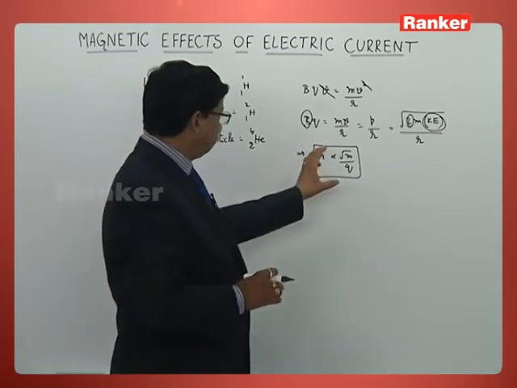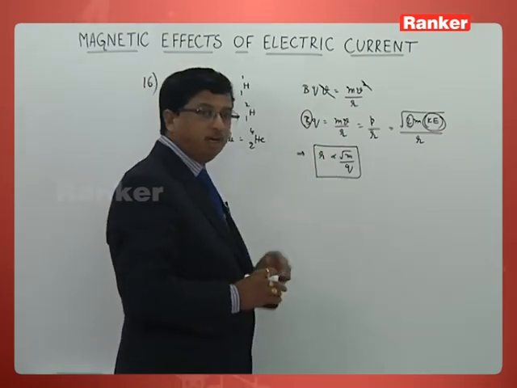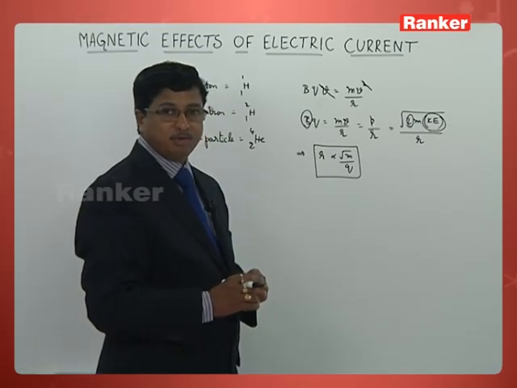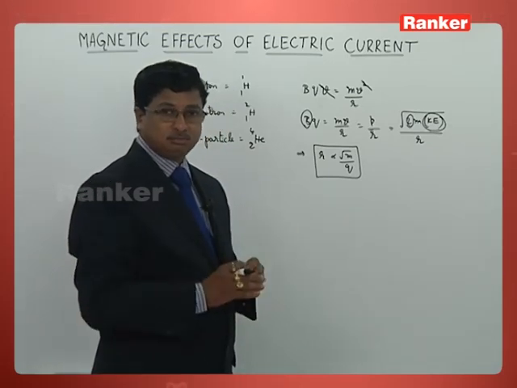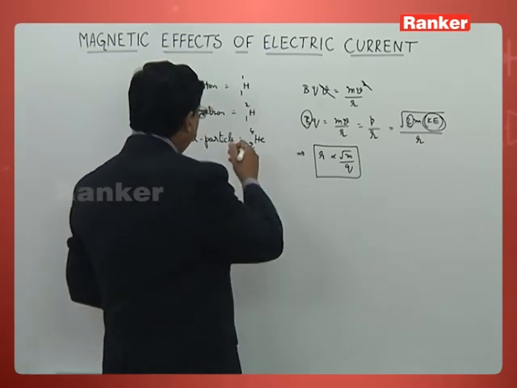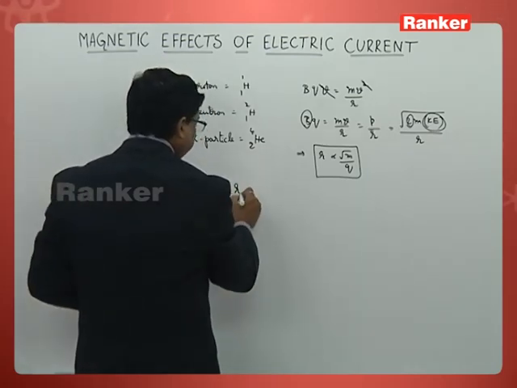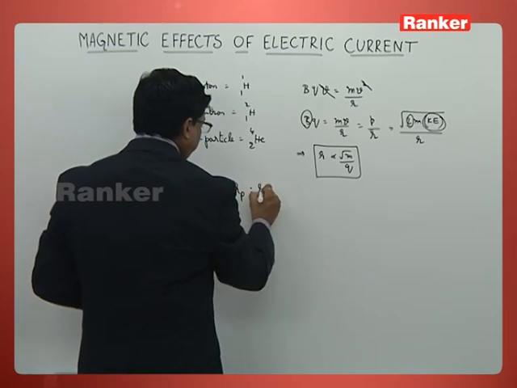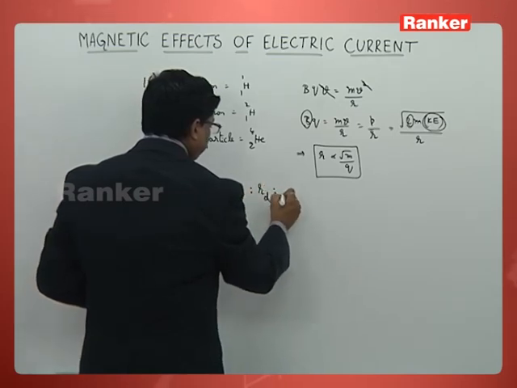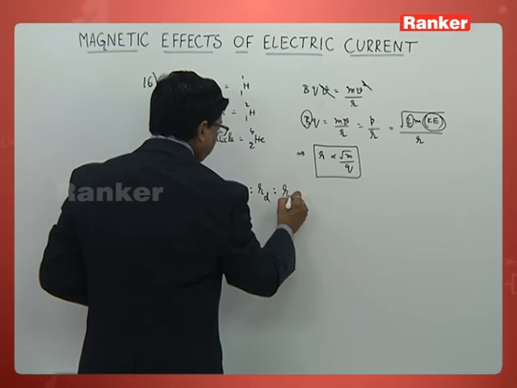Now I take this for all three different particles. R of proton is to R of deuteron is to R of alpha particle.